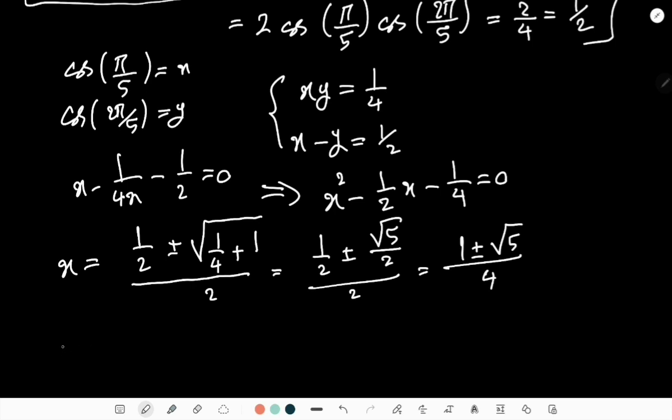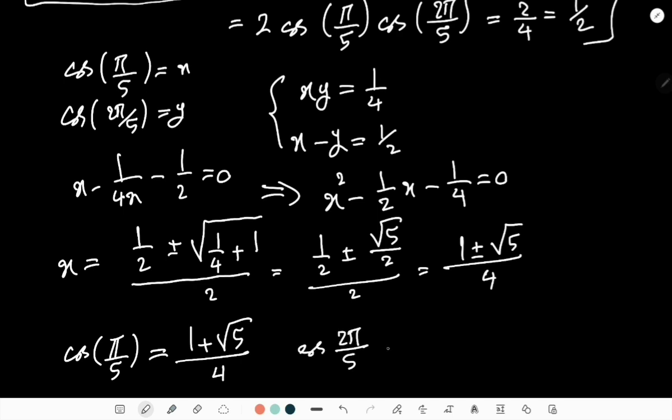So therefore, I have cosine of pi over 5 equals (1 plus square root of 5) over 4. Okay, perfect. So we calculated the cosine of pi over 5, and so let's see what is cosine of 2 pi over 5.